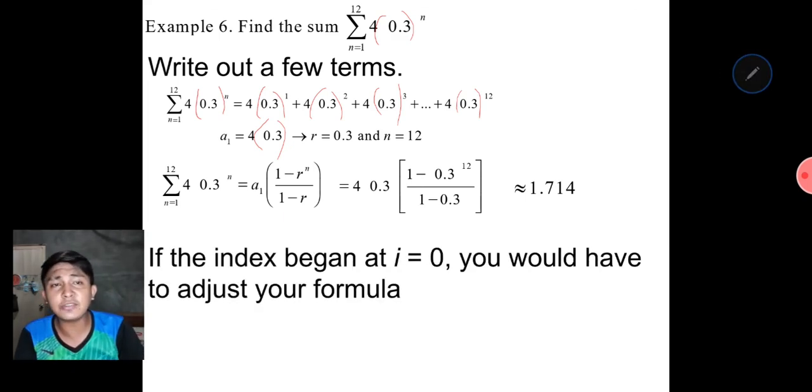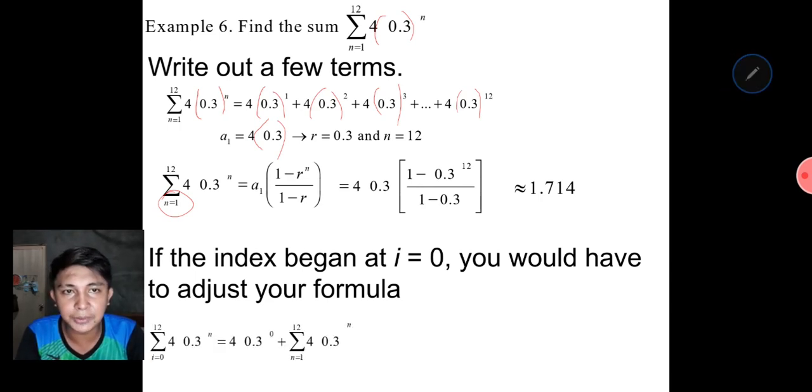Okay. If the index began at 0, yung index natin ito. So, you would have to adjust your formula. For example, like that. So, i-raise din natin sa 0 ang ating first term. Ito. I-raise natin sa 0.